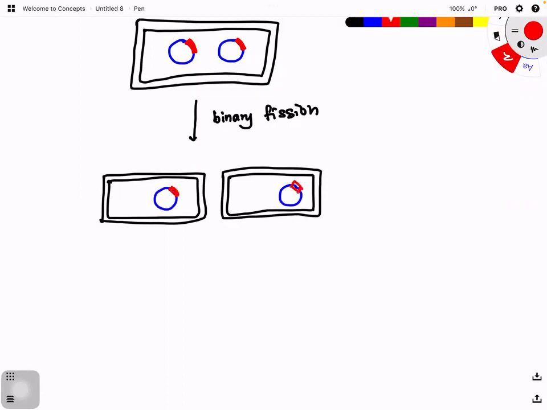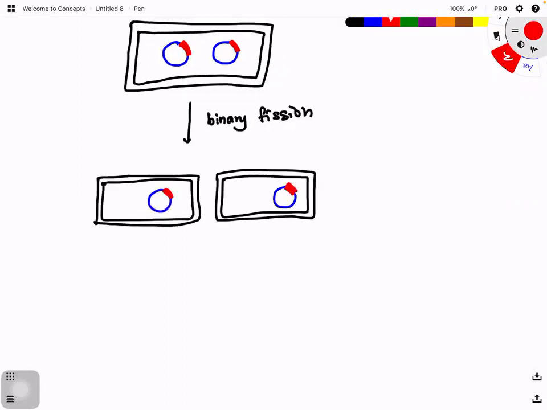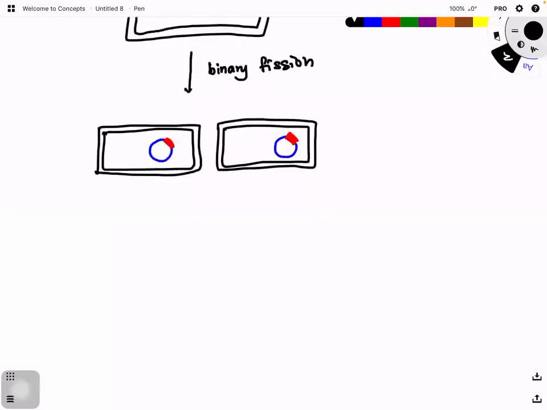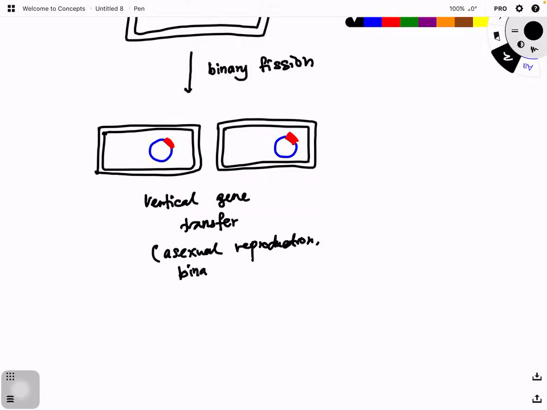The transfer from one cell to two cells now: the antibiotic resistant gene, the red color gene, goes from one cell to two cells. So this mode of transfer is known as vertical gene transfer. Vertical gene transfer normally happens through asexual reproduction, where binary fission takes place. Are you clear?